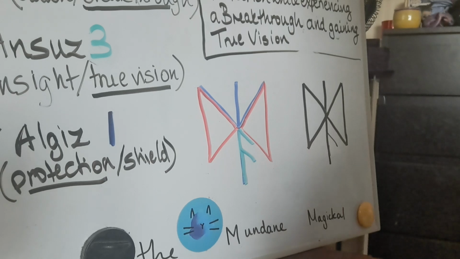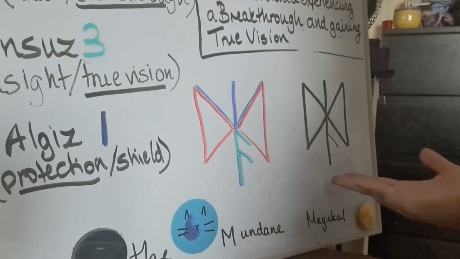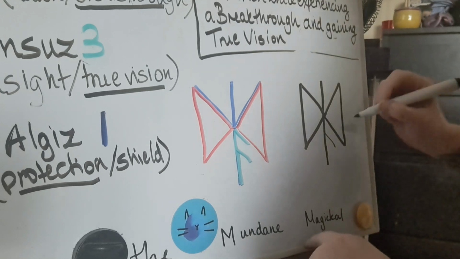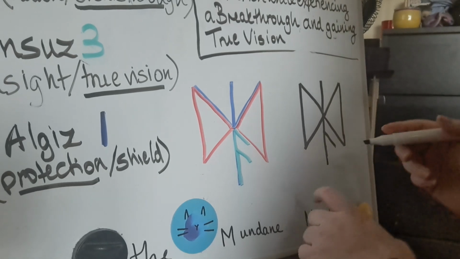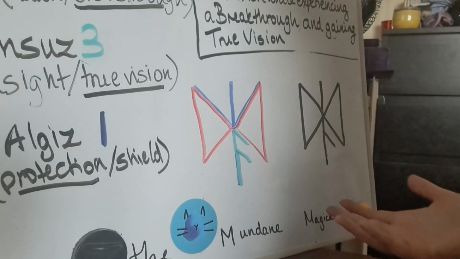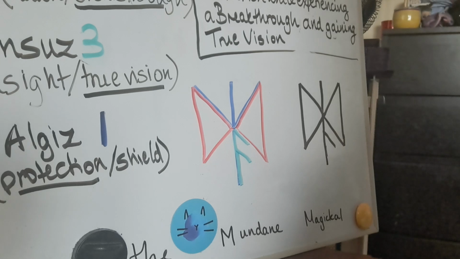Fehu. No, Ansuz. There we go. Right. That's the finished product. This is the finished product. Now you can see it better. That's it.